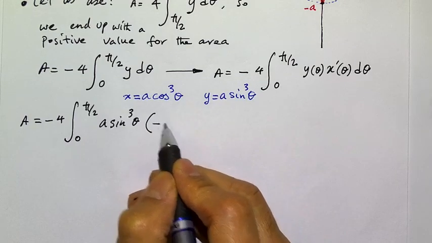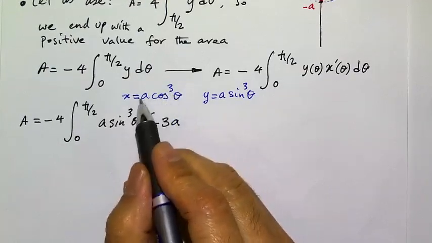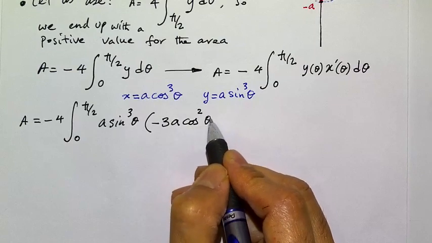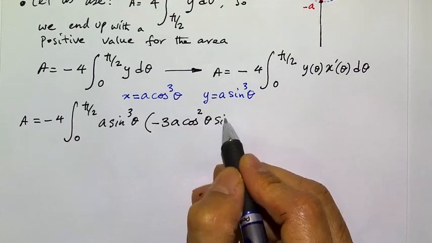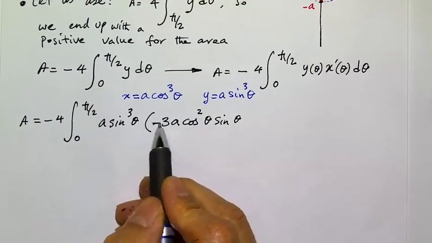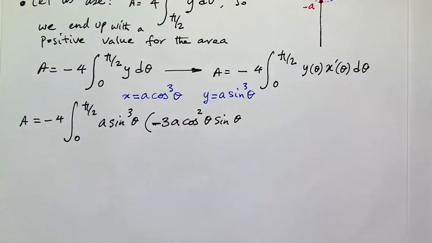So let me write minus 3 times a cosine squared theta times the derivative of cosine theta, which is sine theta, which is actually minus sine theta, but the minus is here in front. That's what that is, the derivative of cosine theta.